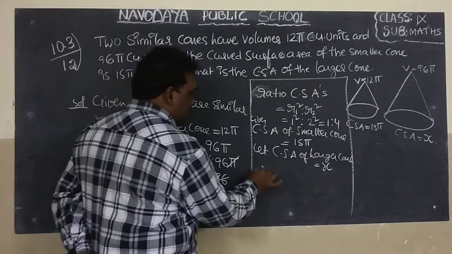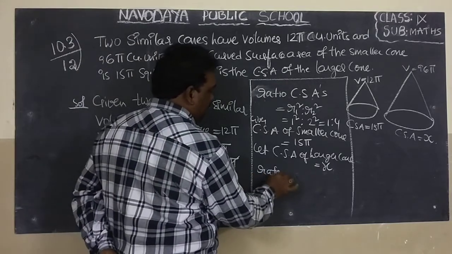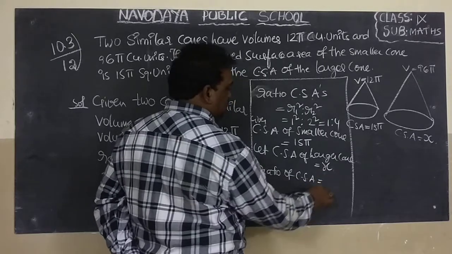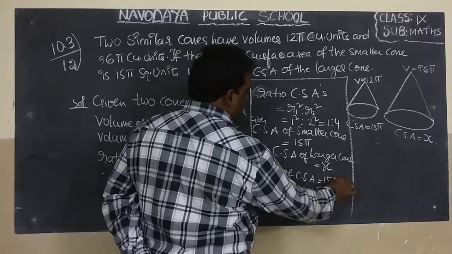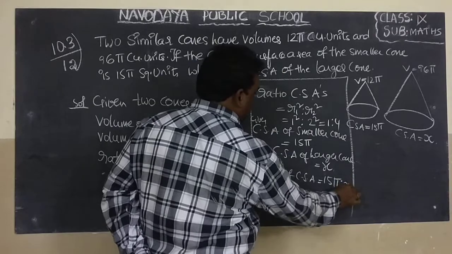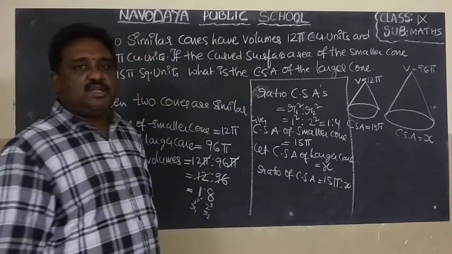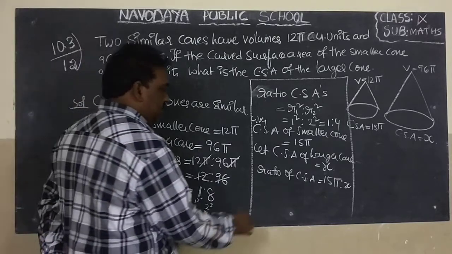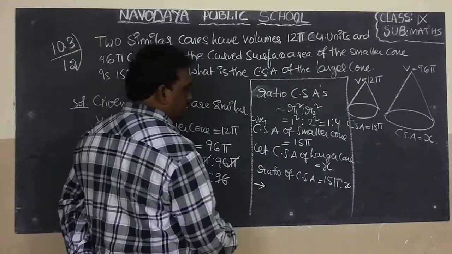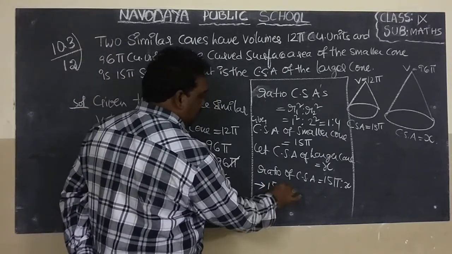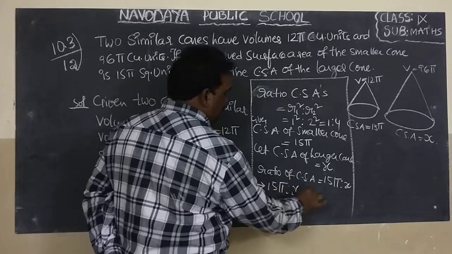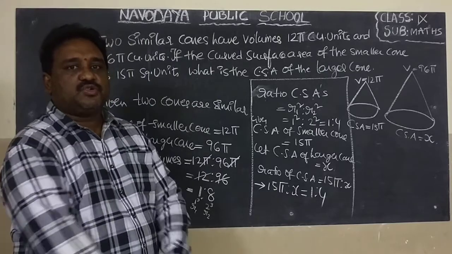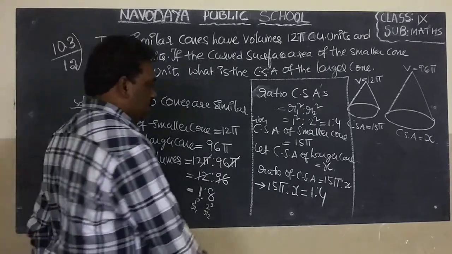Then ratio of CSA, what do we get? 15 pi is to x. Ratio of CSA becomes 15 pi is to x. Then let us equate 15 pi is to x equal to 1 is to 4.